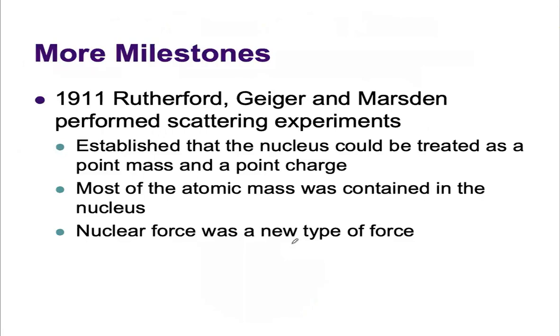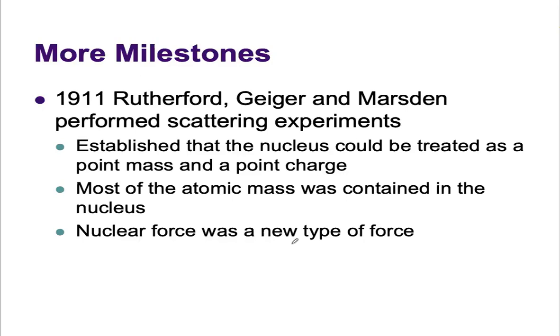Another milestone in this field of nuclear physics came in the year 1911, when Rutherford along with his researchers Geiger and Marsden tried to perform a scattering experiment. What they established is that the nucleus could be treated as a point mass and a point charge.